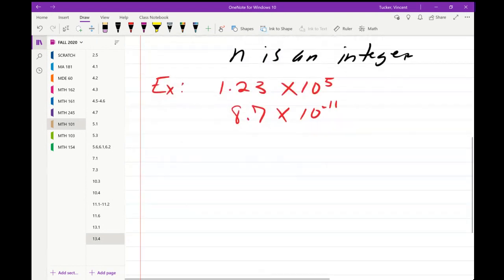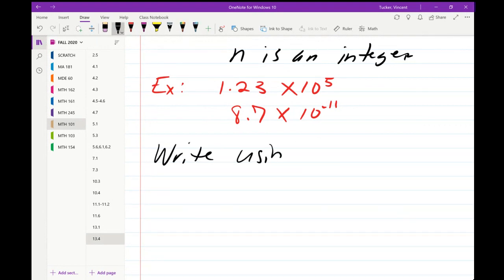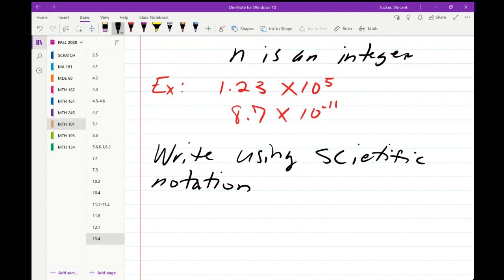All right, so we're going to write numbers in scientific notation.